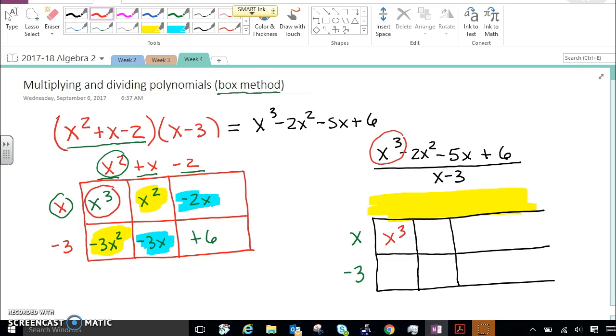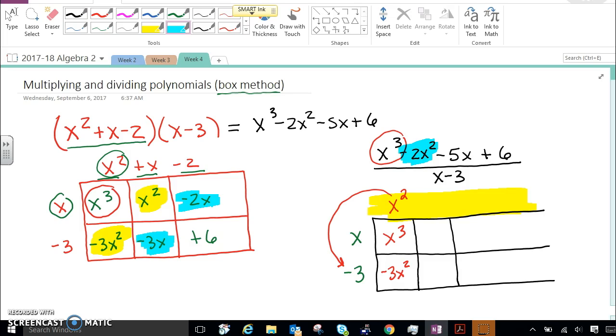We know that's where we're going to start. Well, x times something will give me x cubed. That thing has to be x squared. And so now I'm going to multiply that by negative 3, and I'm going to get negative 3x squared. Now, without looking at the left-hand side that we've already done, my next term in the answer needs to be negative 2x squared.